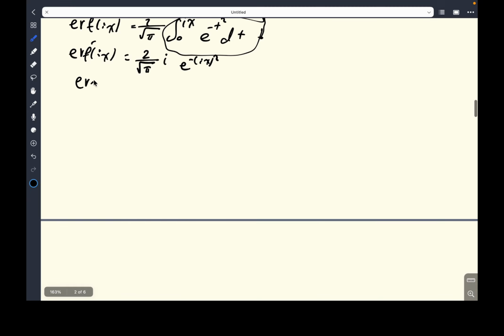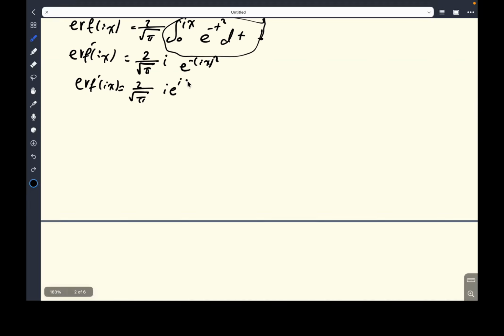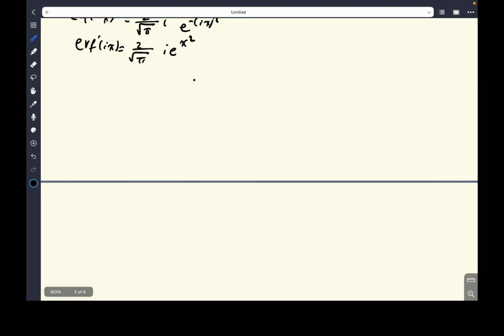And the derivative of erf of ix is 2 over root pi i e to the x squared. Now, if I integrate both sides of this equation with respect to x, I'm going to get erf of ix equals 2 over root pi i times the integral of e to the x squared dx.